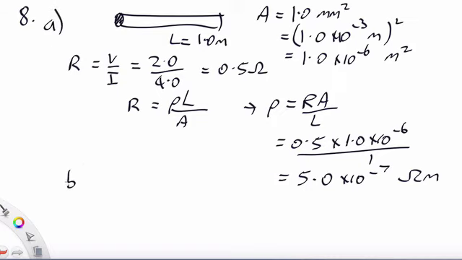Now that was part A. And part B is that you can define a quantity called the conductivity, which is sigma, which is just the inverse of rho. So that is simply 2 by 10 to the 6, and the units have to be the inverse of the resistivity units, so that is per ohm meter.